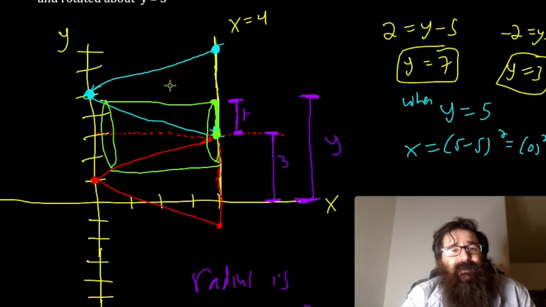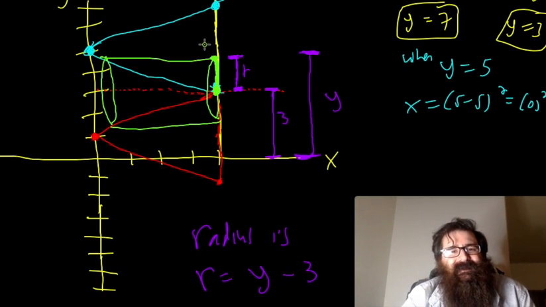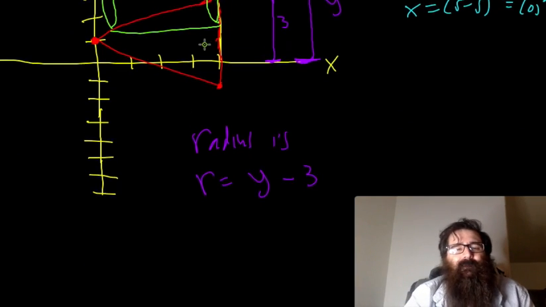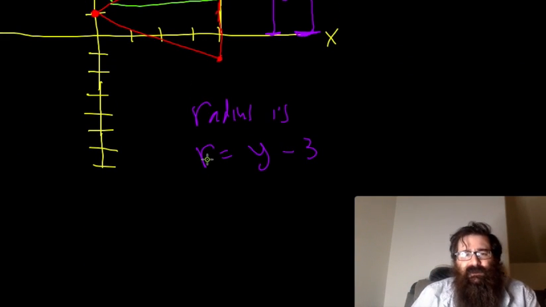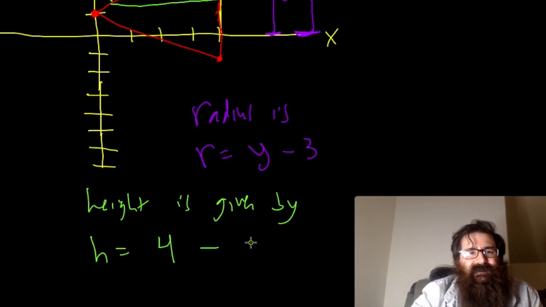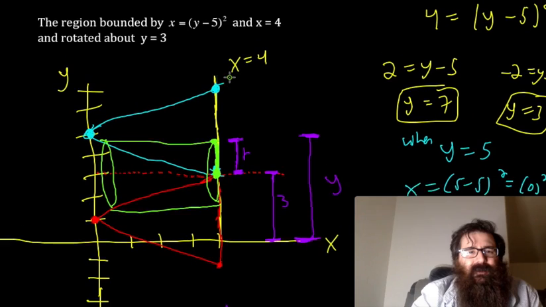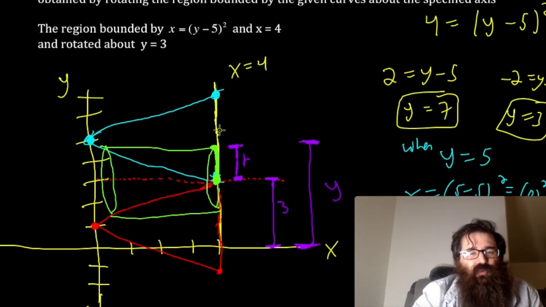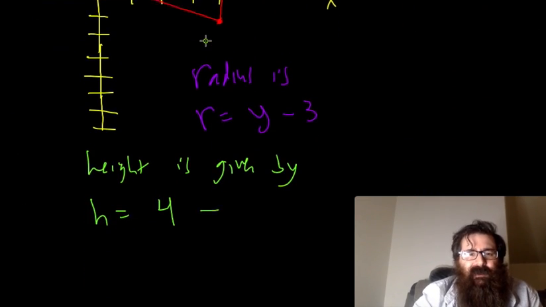So if I'm labeling the height correctly, it's not maybe what we think about at first glance. We immediately notice the curve is playing a role, but it's actually both of them. The height, let me know if this makes sense to you, is given by the function x equals 4 minus, right? It's upper minus lower. It's between these two functions, 4 minus this y minus 5 squared.